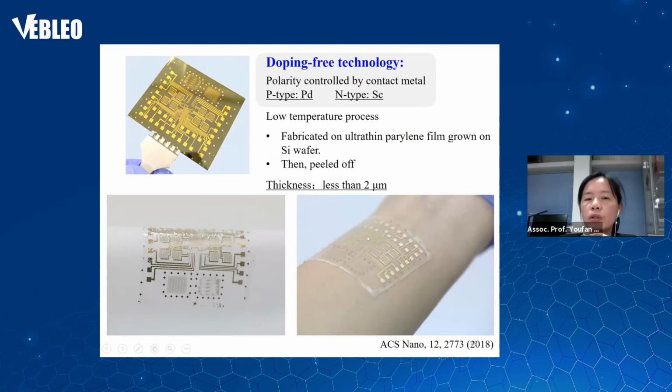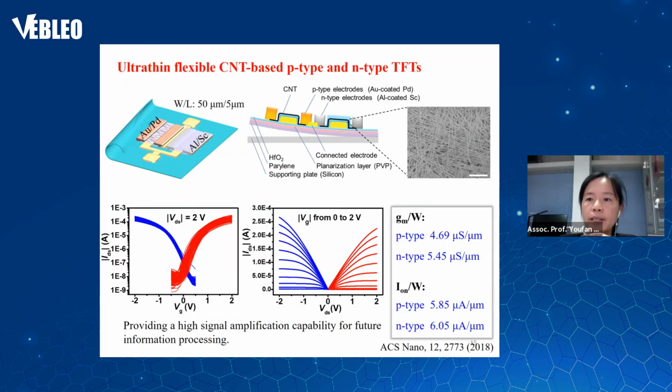And after the fabrication, the total thickness of the system could be less than 2 micrometers. So you can see you can attach such a very ultrathin system on your body. And for the flexible IC, as we want it to handle the signal processing in the system, it should have very high performance.